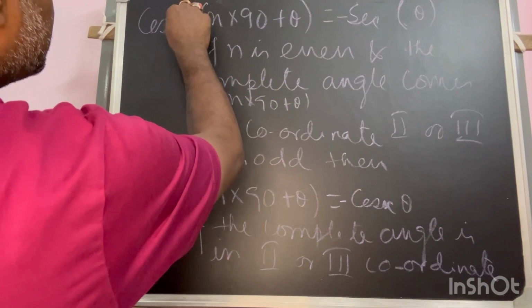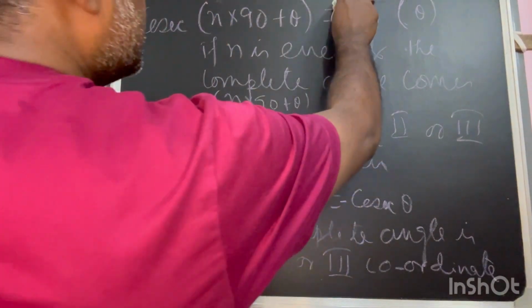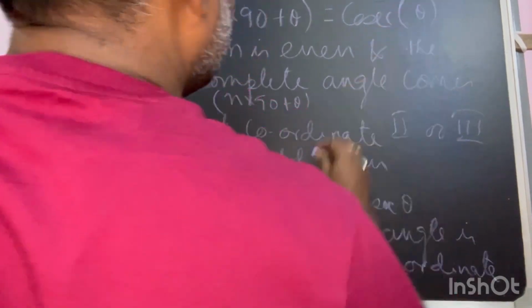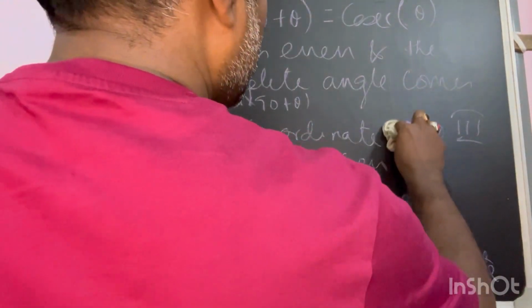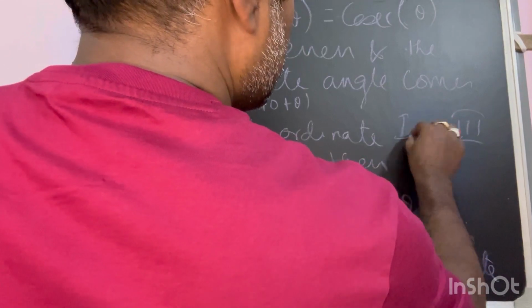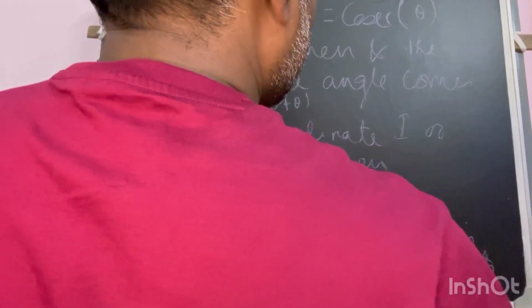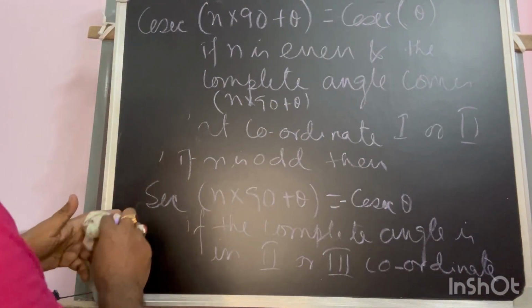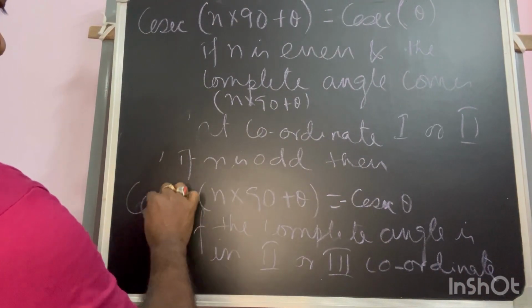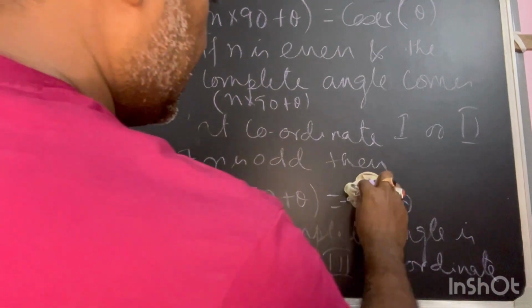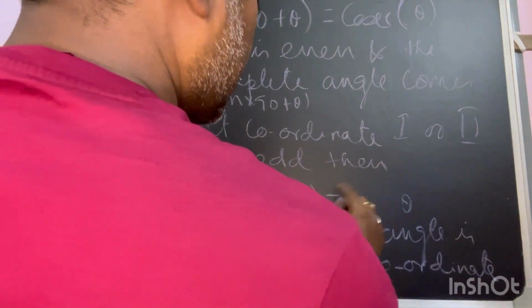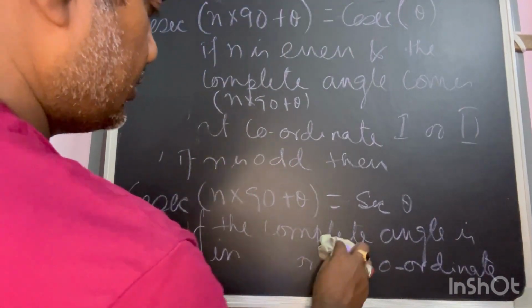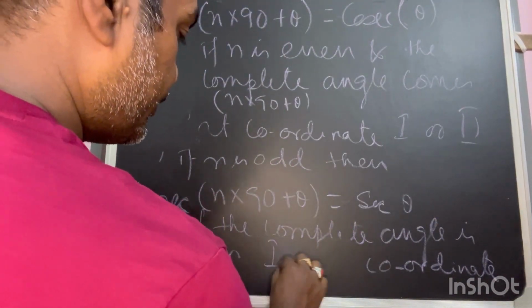Cosec is the inverse of sine. So cosec will be positive in the first and second. Remember, when it is positive, the result won't change the sign, the external sign. It is first and second, same as sine. And the result here will be positive sec if it is in the first and second coordinate.